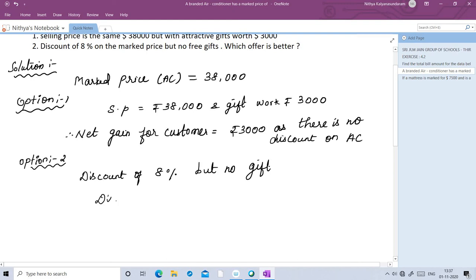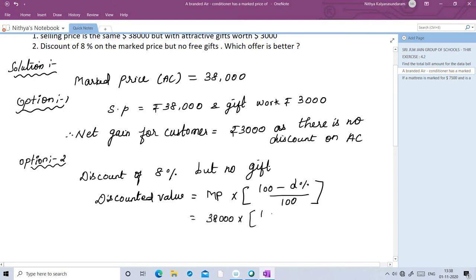So the discount value is equal to marked price into 100 minus discount percentage divided by 100. The marked price of the air conditioner is 38,000 into 100 minus 8, which is 92, by 100.